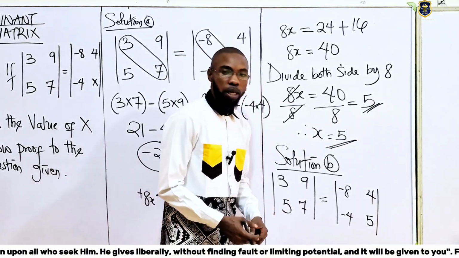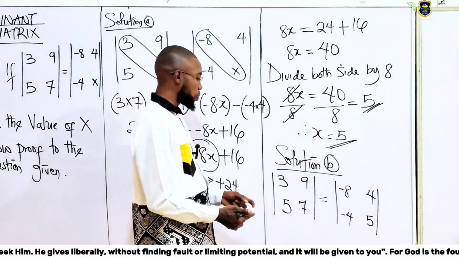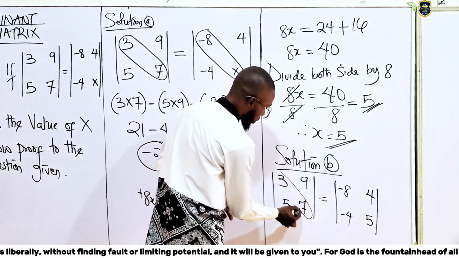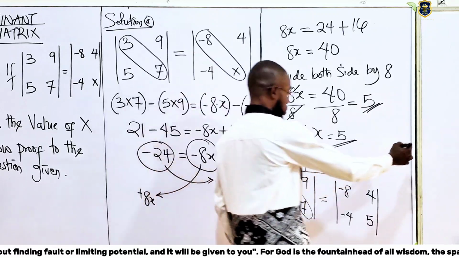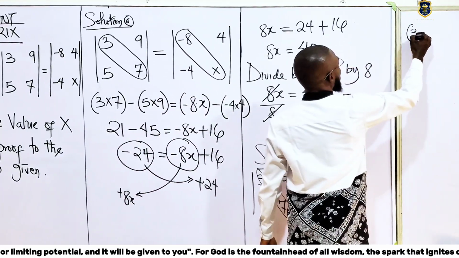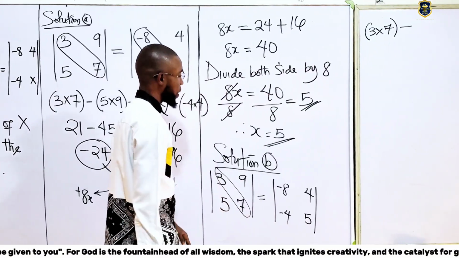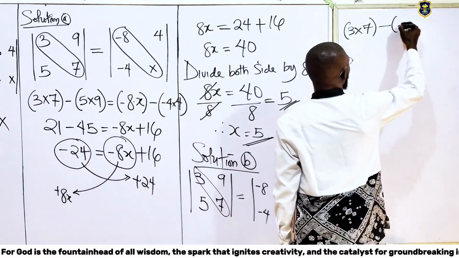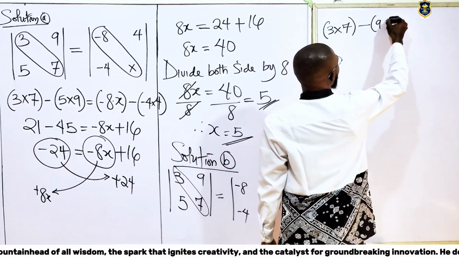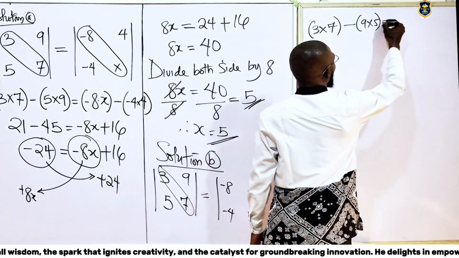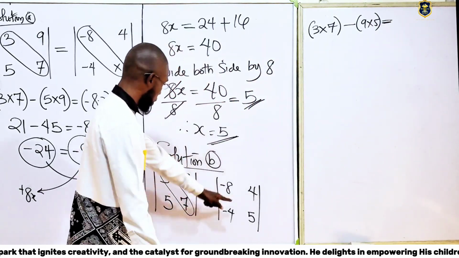So what do we do? We start by expanding it, and we do it from the principal diagonal, right? 3 times 7, so it becomes 3 times 7 minus what? Minus 5 times 9, or 9 times 5, depending on what you choose. Minus 9 times 5 equal to this part of it now.